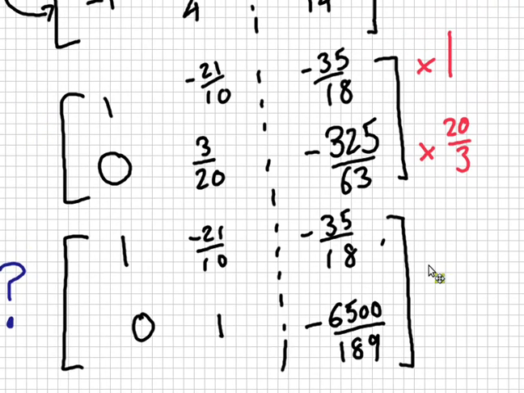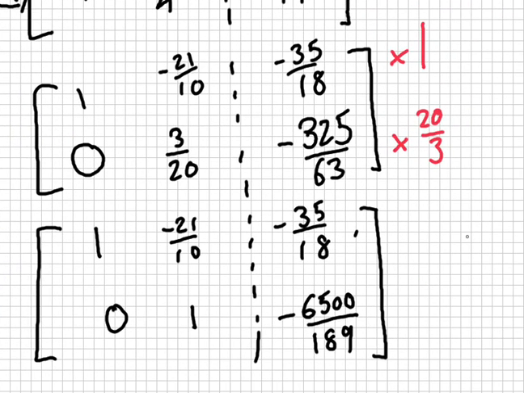Okay, all right, write that down. So we could stop there because we know the y. What's the y? Minus 6,500 over 189.